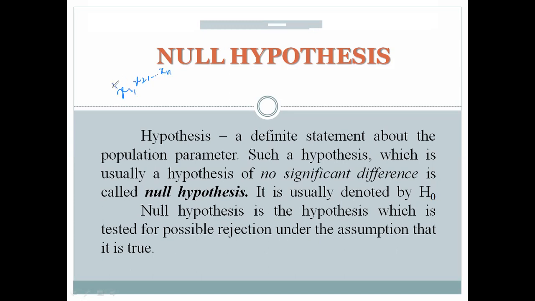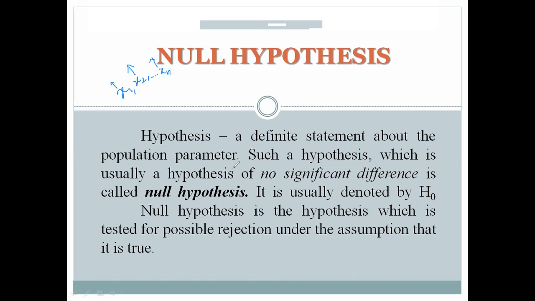For example, this is coffee, this is tea, and this is sugar, and I give a statement: this is sweet, this is sweet, and this is also sweet. Now coming to our null hypothesis: a hypothesis of no significant difference is called the null hypothesis. Coffee is sweet, milk is sweet, and sugar is sweet. There is no significant difference.